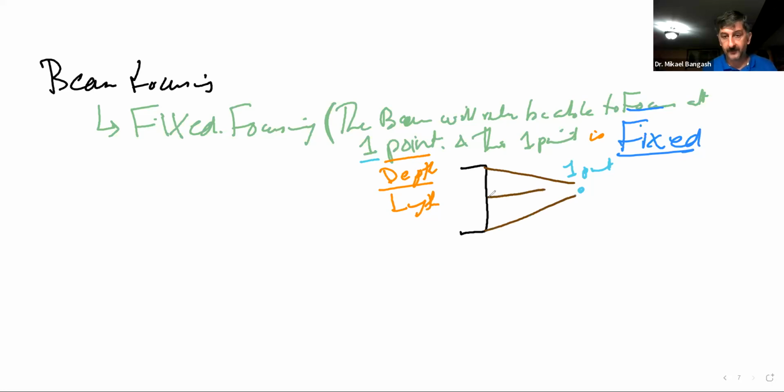So if it was at a depth or length of, say, 6 centimeters, it's going to remain 6 centimeters. We will not be able to shift it from 6 centimeters to 5 centimeters, or to 7 centimeters.